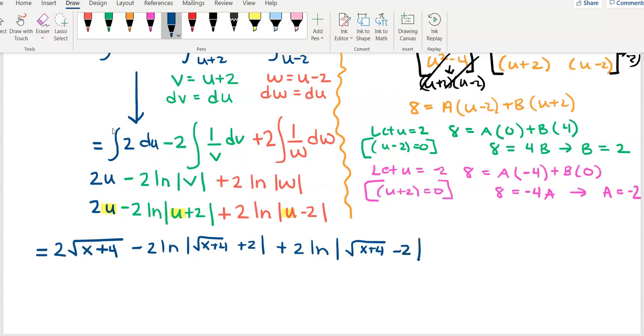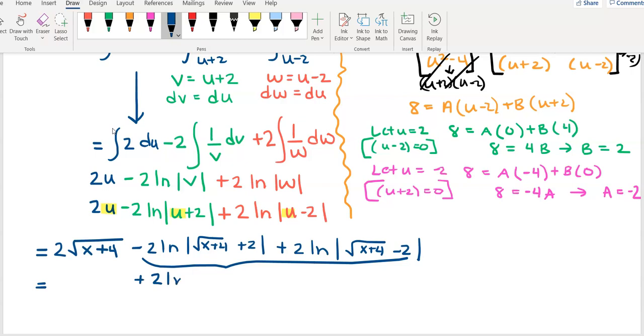Now, to make this nice and slick, that's what one of my professors used to say, when you want to make things real nice looking, you make them real slick. And so what we can do here is we can actually combine these two ln's. If I were to rewrite the order, maybe it might make it a little more clear. So the positive 2 first, maybe.